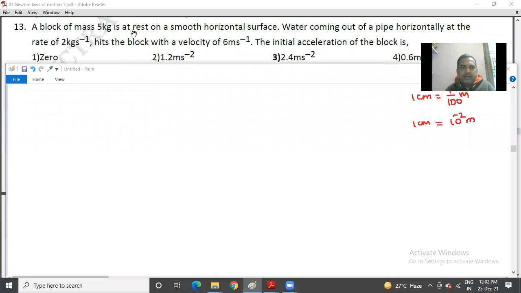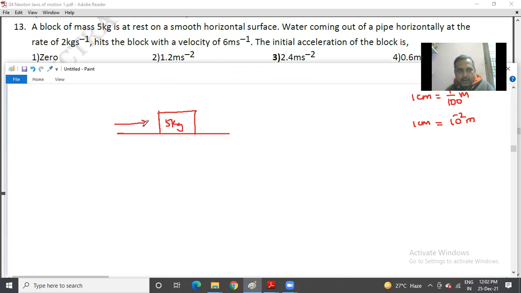A block of mass 5 kg is at rest on a smooth horizontal surface. Water coming out of a pipe horizontally at the rate of 2 kg per second hits the block with a velocity of 6 meters per second. We need to find out the initial acceleration of the block. So just imagine the question like this. This is the block of mass 5 kg.